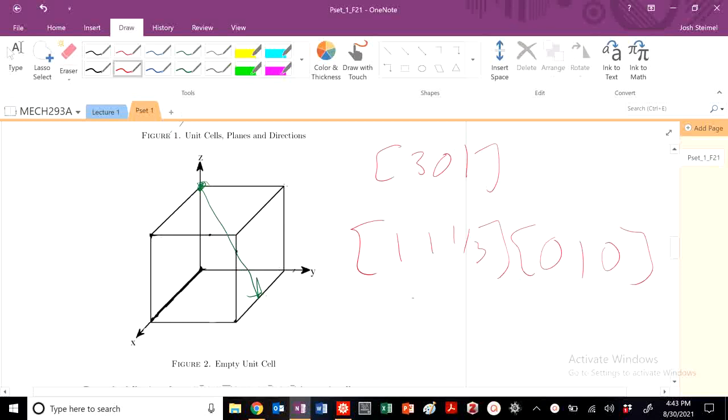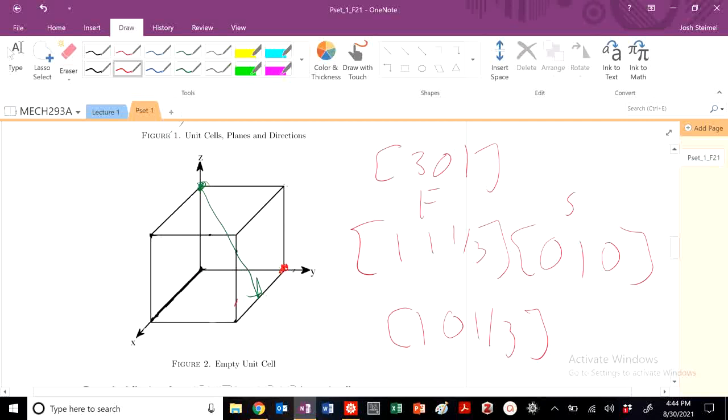That should leave me with 1, 0, a third, multiplied by 3. So this is my finish, this is my start. My start is at 0, 1, 0, and my finish at 1, 1, and a third. So from here to here, start and finish, just like that.